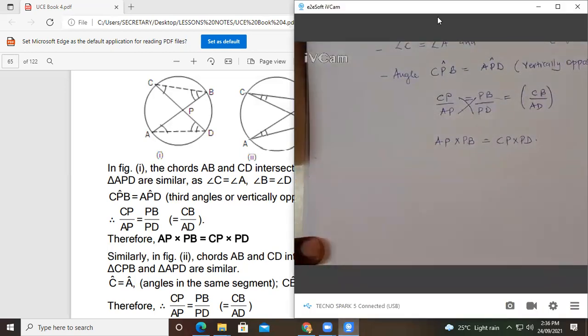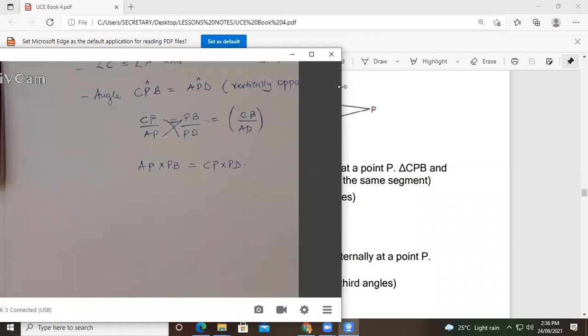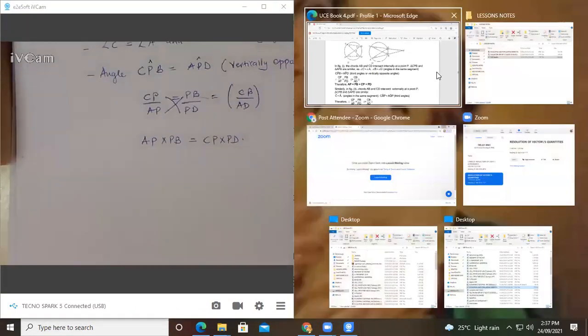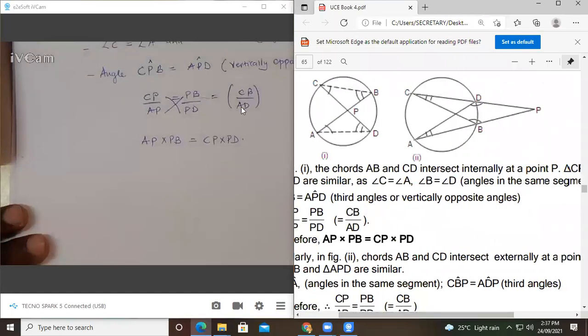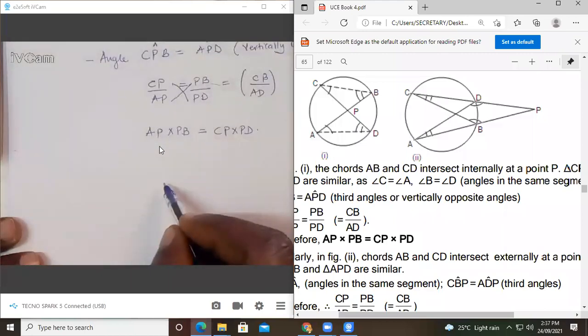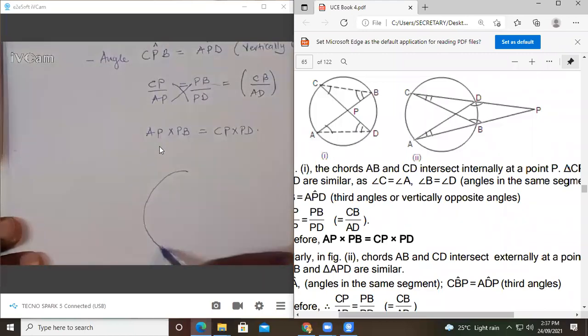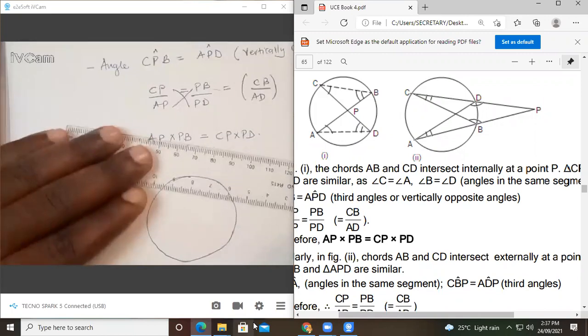So they have drawn. Let me put this one here. Okay, so they have drawn. If something is drawn like this, this is the second diagram. You should use a compass, which I don't have, but I'm going to get it. You wait.